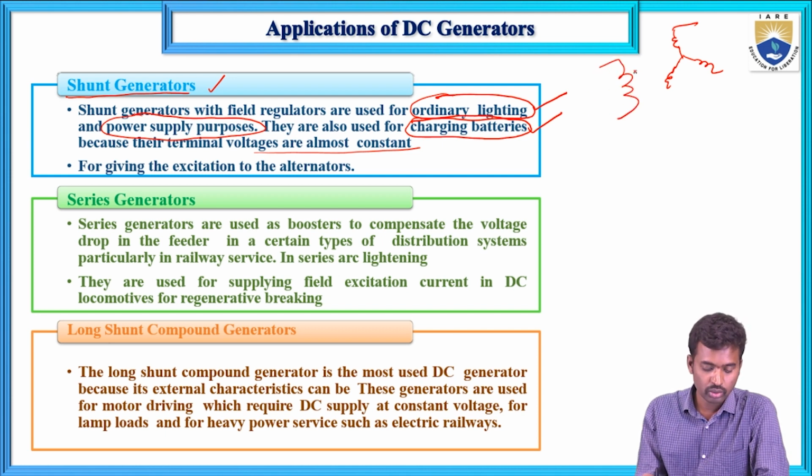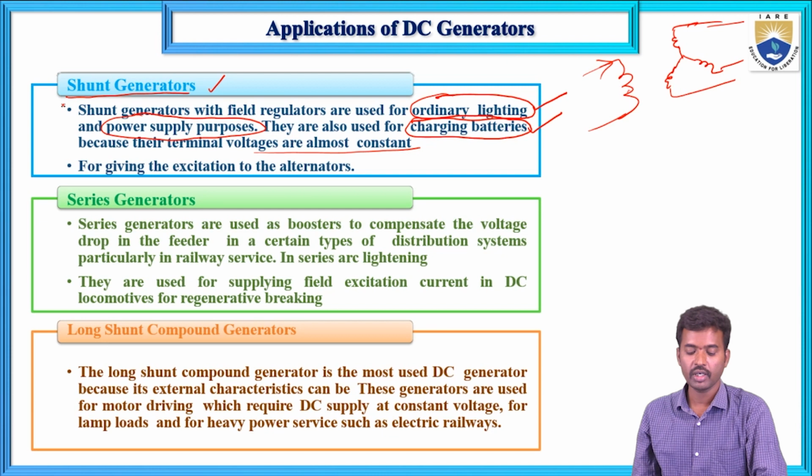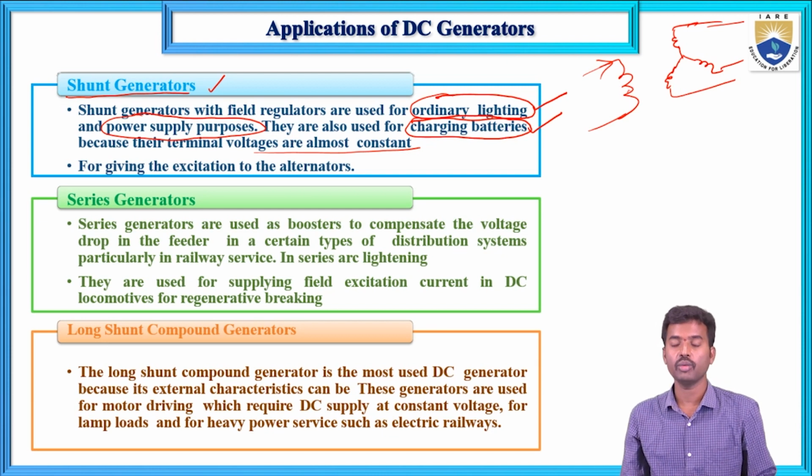If you give excitation, the field acts as a magnet, which cuts the three-phase winding, and induced EMF is developed in the alternator. So for excitation of alternators, we use shunt generators because of the constant terminal voltage.